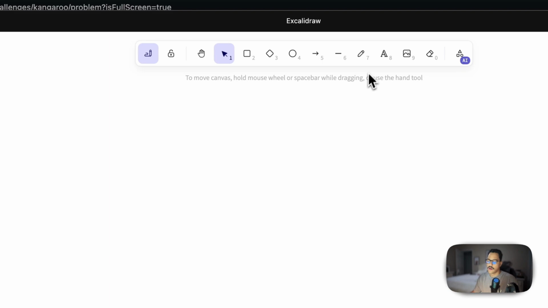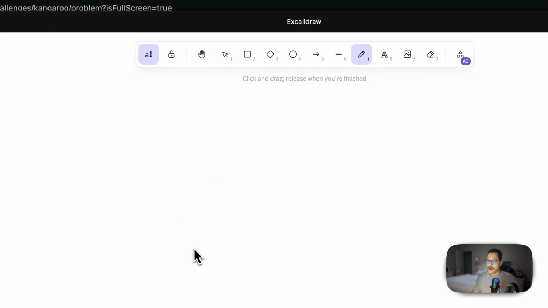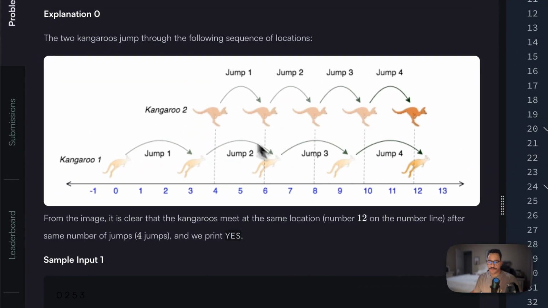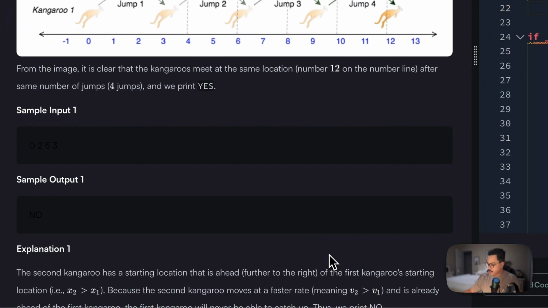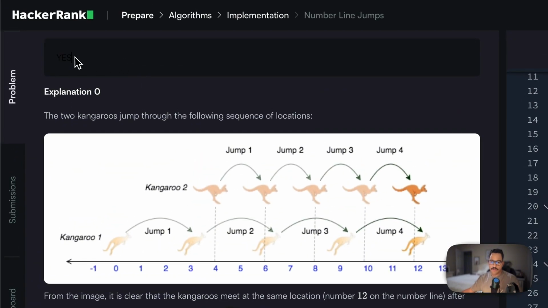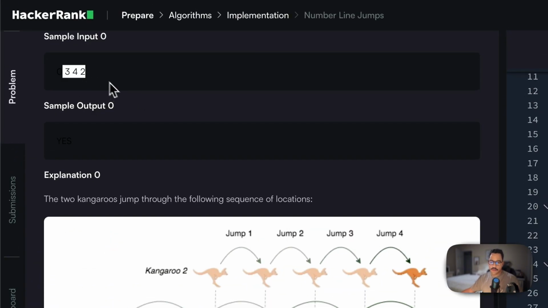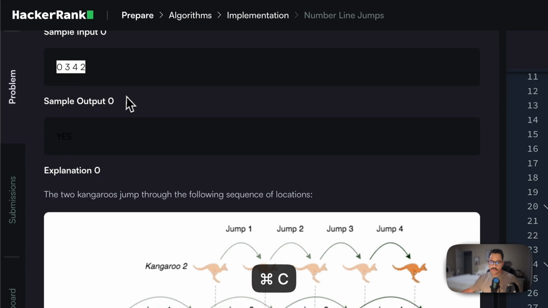So let's see. Let's try to use one of the examples from here. I'm just going to go ahead and try to copy one of these examples and check it out over here.